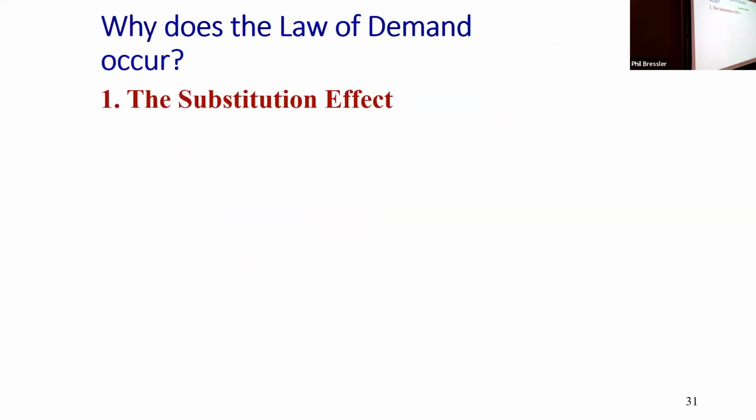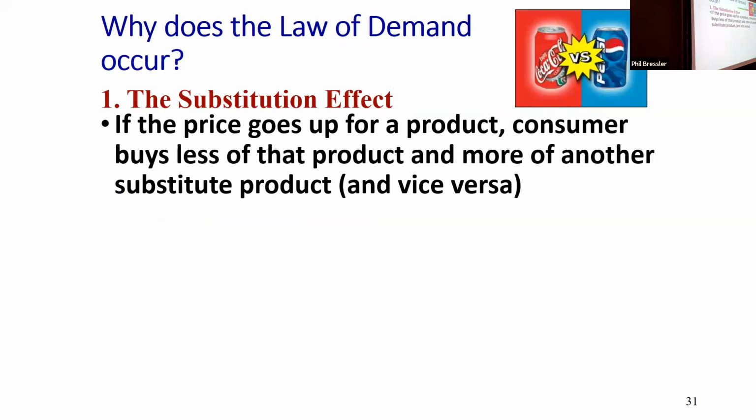So the substitution effect, that one I think you guys know. If price goes up for a product, the consumer's going to buy less Coke and more Pepsi. All right. So the substitution effect is if the price goes up for a product, you're going to buy less of that and more of the other. And obviously the other thing, if price goes down for Pepsi, you're going to buy more Pepsi and less Coke.